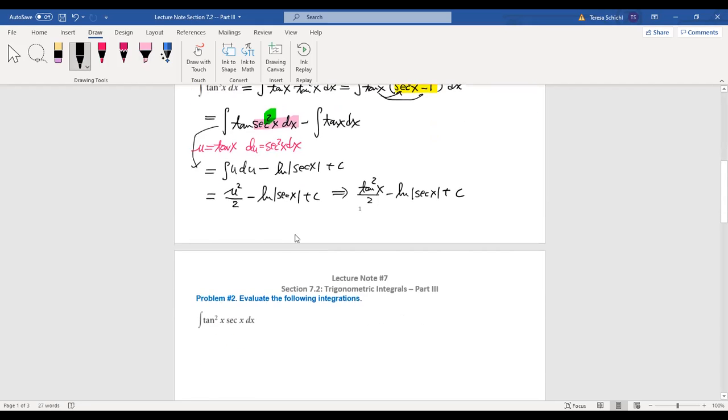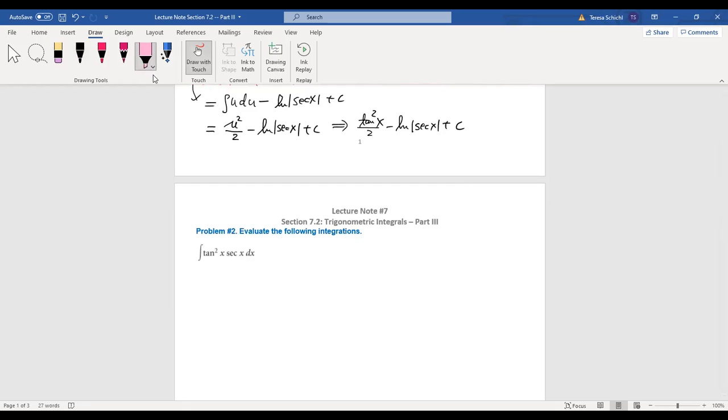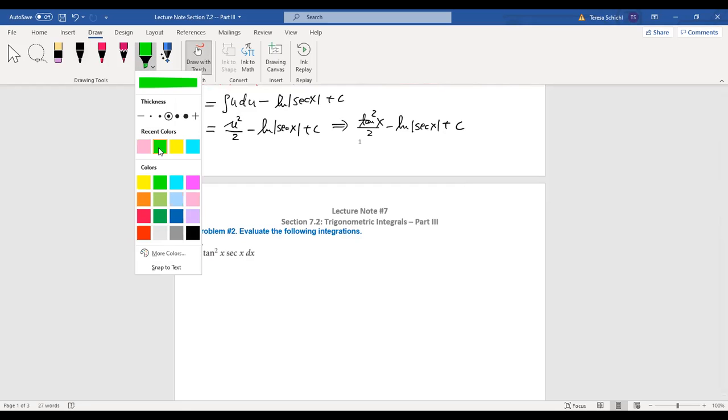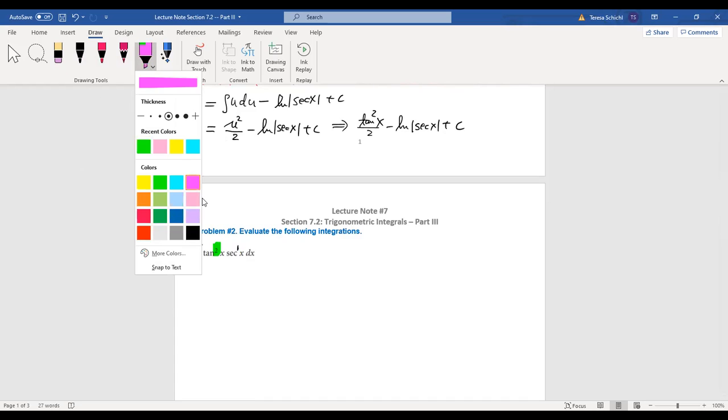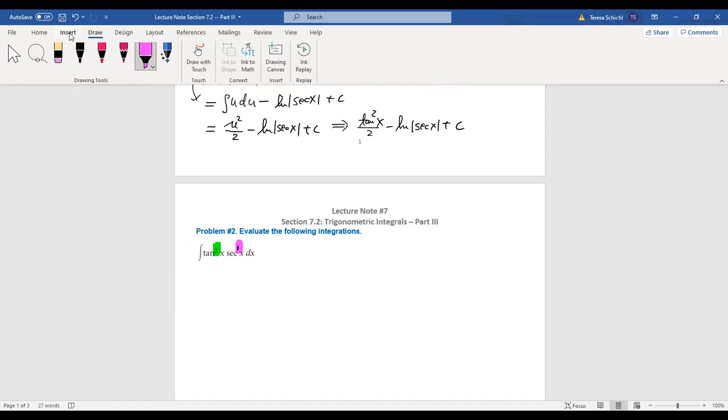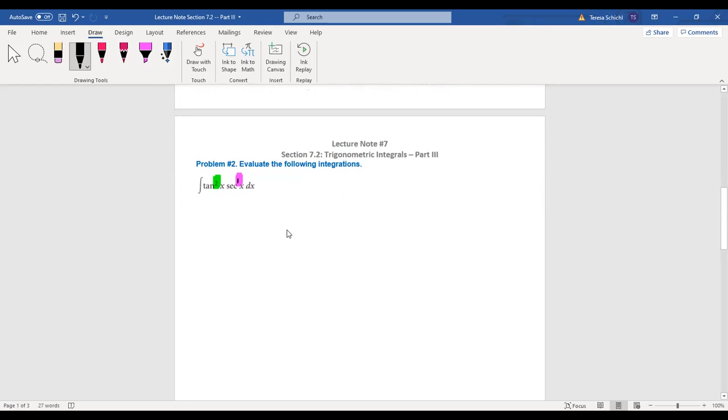Okay, so now this is the last one. In the second part of the previous lecture, we said this is the secant x, so really it's secant to the first power. Remember that we said when the secant is odd and the tangent is even, it is very difficult, and sometimes we might need to do integration by parts.